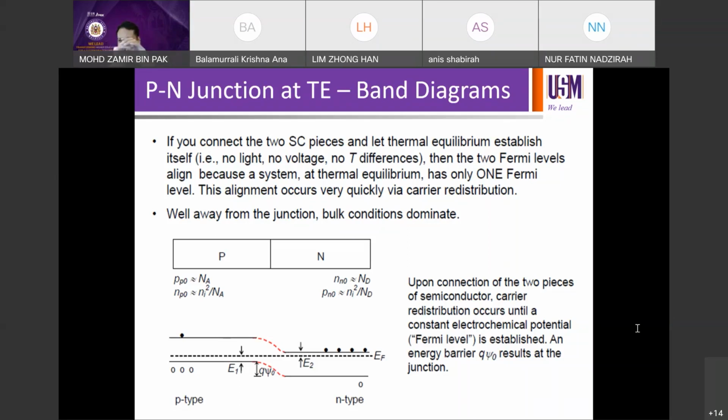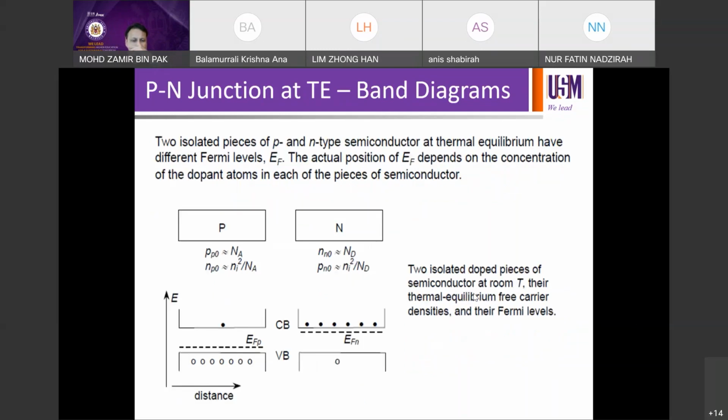Upon joining with each other to form a junction, we have a single Fermi level at thermal equilibrium because the EF from both sides aligns to form a single level. So this is what we saw in the previous class.